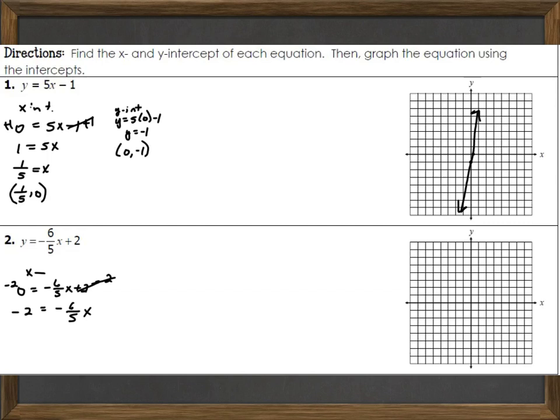Now, if I want to, I can multiply by 5 on both sides so I don't have a fraction. Okay. And that'll be negative 6x equals negative 10. And then negative 10 over negative 6 equals x.